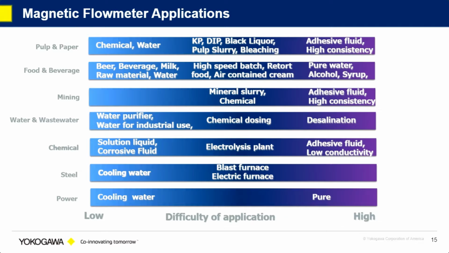So mag meters are used in pretty much every industry, as you can see: pulp and paper, food and beverage, chemical, steel, power, water, wastewater, from very basic water applications to very aggressive chemical, corrosive applications, heavy slurries in mining and pulp and paper. So it's a very well-rounded meter for a lot of different applications.